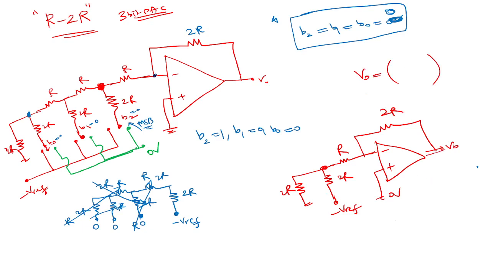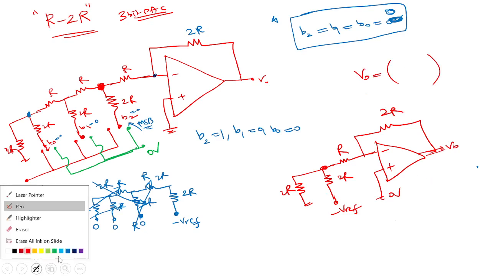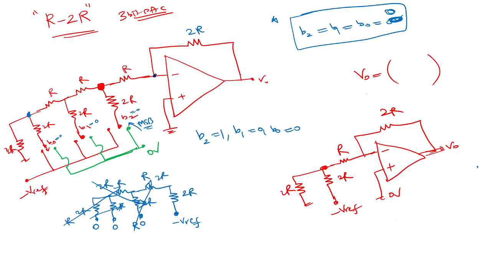This is in negative feedback mode, so this is 0. Correct? So this is Vx, for example. This is again 0. I can assume the current is flowing like this.